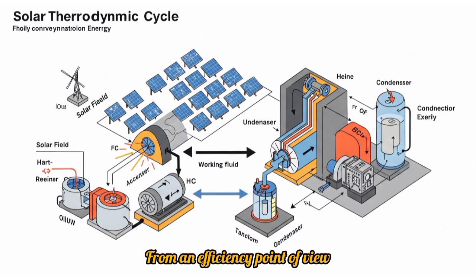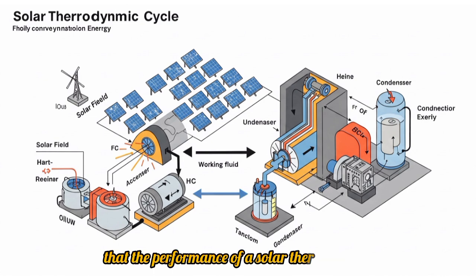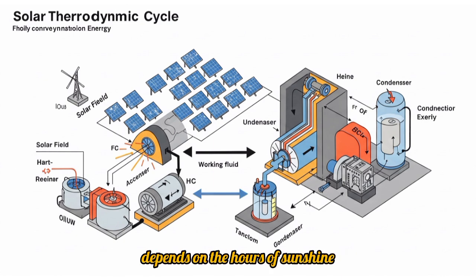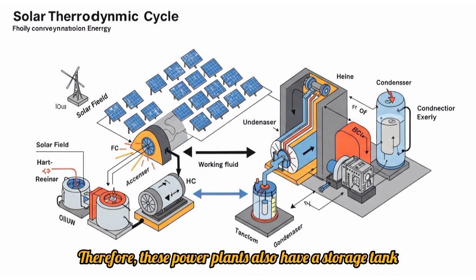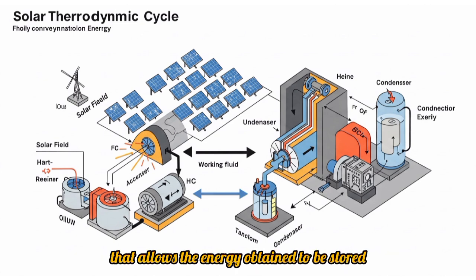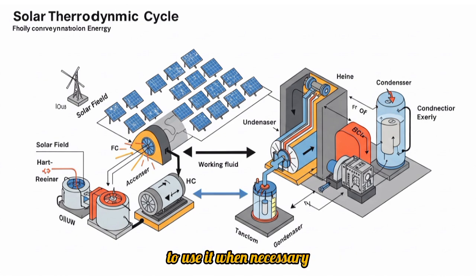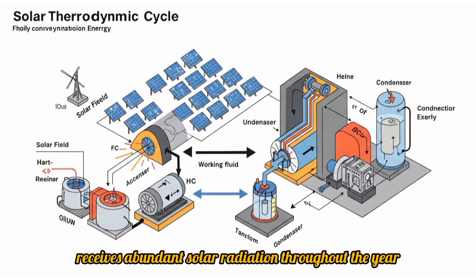From an efficiency point of view, it's important to take into account that the performance of a solar thermal plant depends on the hours of sunshine and weather conditions. Therefore, these power plants also have a storage tank that allows the energy obtained to be stored to use it when necessary.